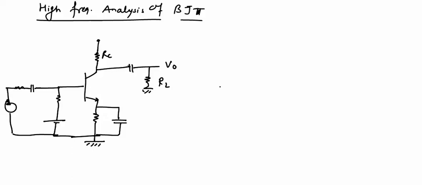The low frequency model fails to define the operation of a BJT at high frequencies, so a new model is formed, which is called the pi model, and it looks like this.